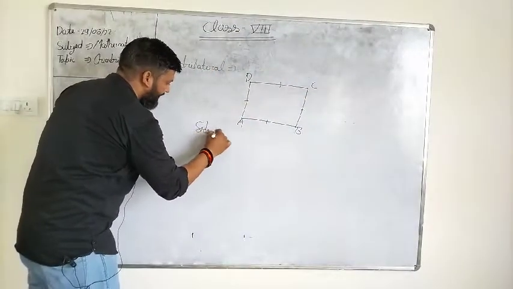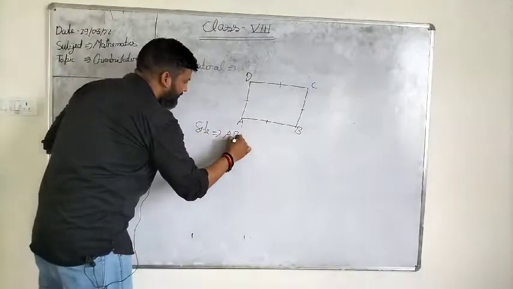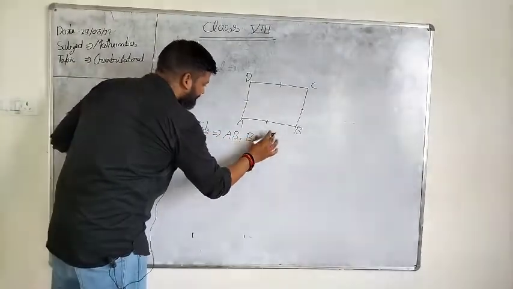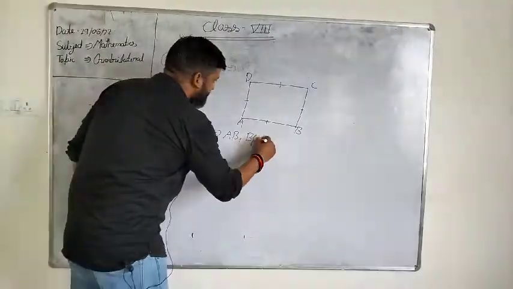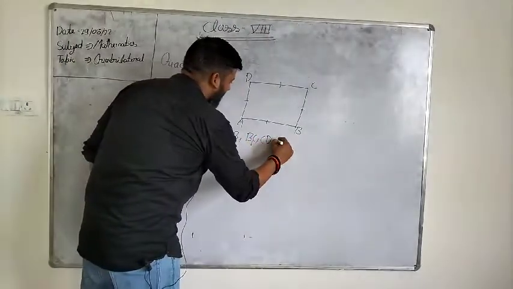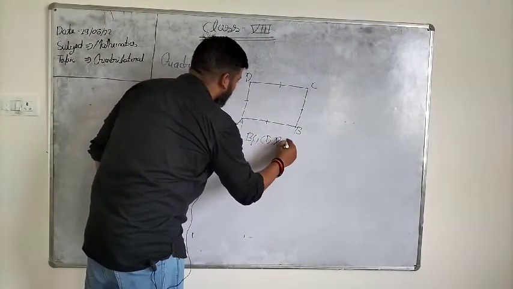We can write the sides AB, BC, CD and DA.